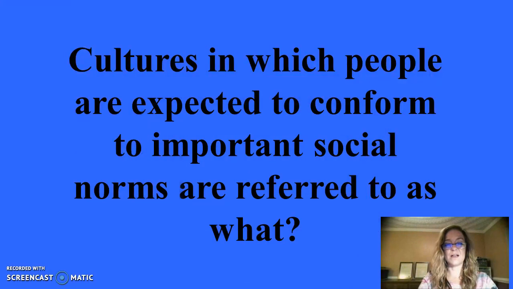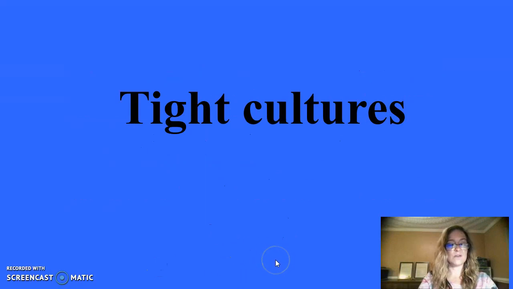And finally, cognitive dissonance for 500. Cultures in which people are expected to conform to important social norms are referred to as what is tight cultures. You want to be able to give an example of such a culture and describe how this impacts some of the attitude processes described in this chapter.